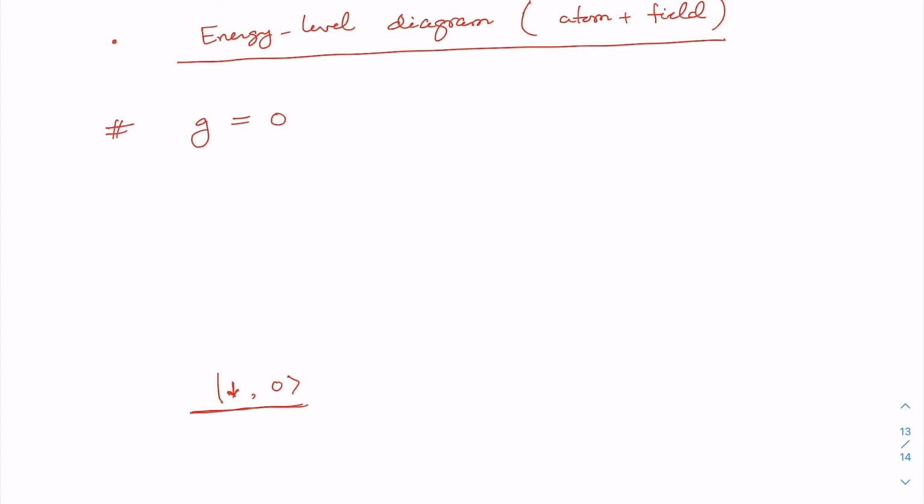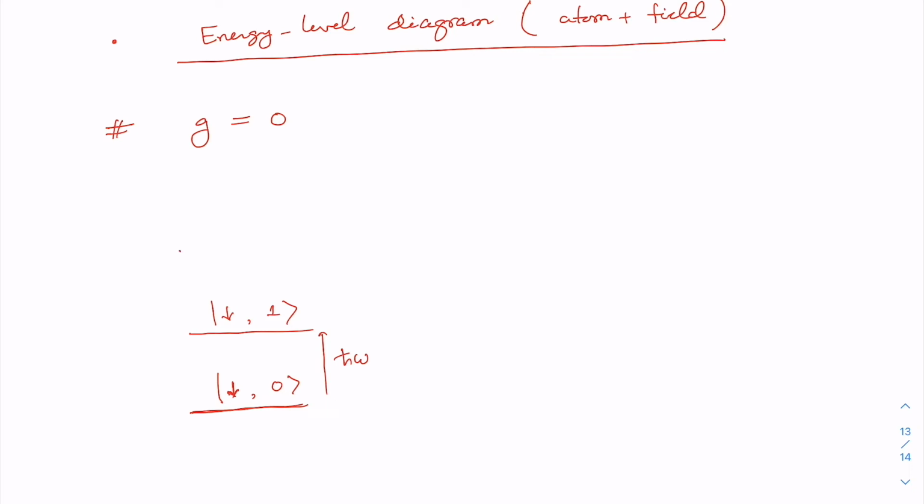Now we can put one photon into the field, the atom still being in, say, the ground state, and then we have this one photon in the field mode. So the energy of the system would be enhanced by h cross omega, because h cross omega is the energy of the field.